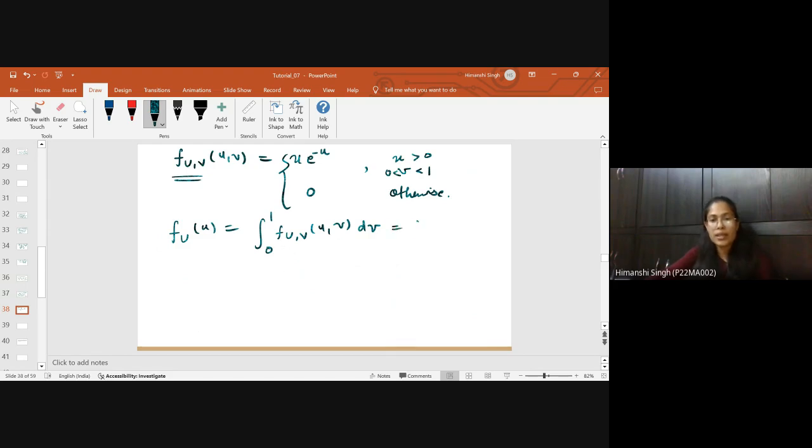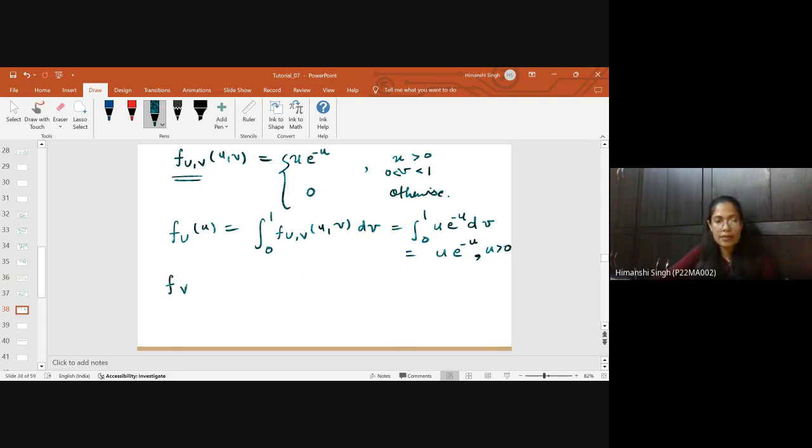So it will be the integral from 0 to 1 of u into e to the power minus u dv. Since there is no term of v here, it will be u into e to the power minus u. Here u is greater than 0.